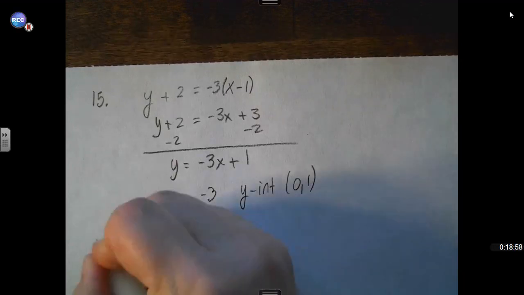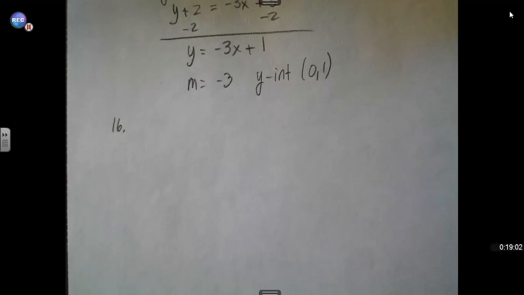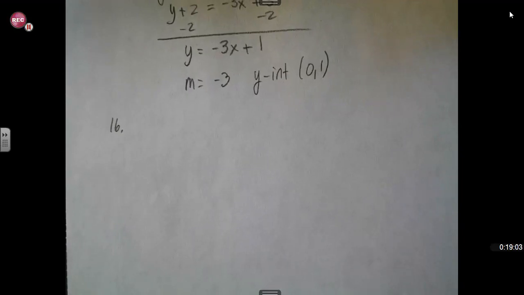Number 16. A hardware store rents vacuum cleaners that customers may use for part of a day up to 12 hours before returning. The store charges a flat fee plus an hourly rate.